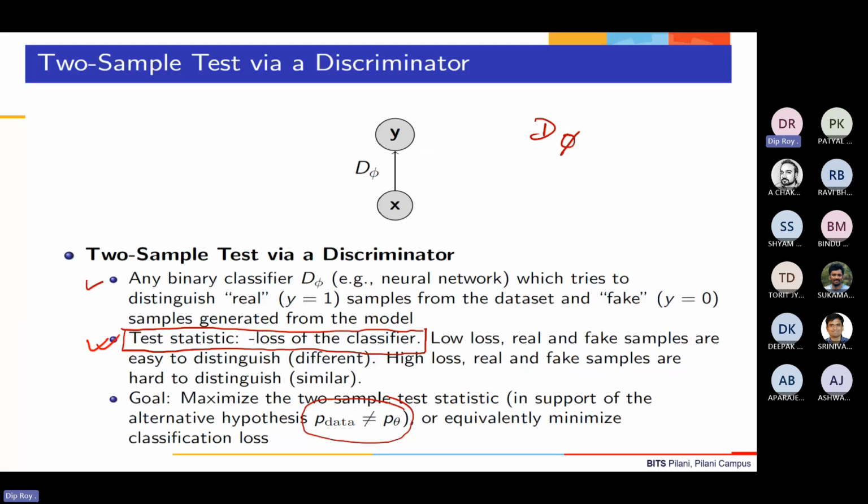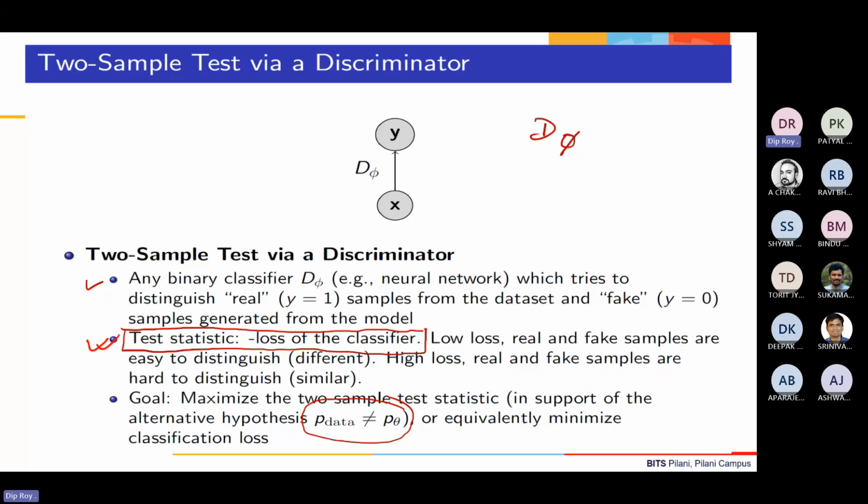So what are we doing? Without going into all these complications, the simple thing that you should remember is that the first component of a GAN is a discriminator. And what would the discriminator do? The discriminator would take two samples, one from the true distribution and one from the model distribution, and then basically try to compare them.